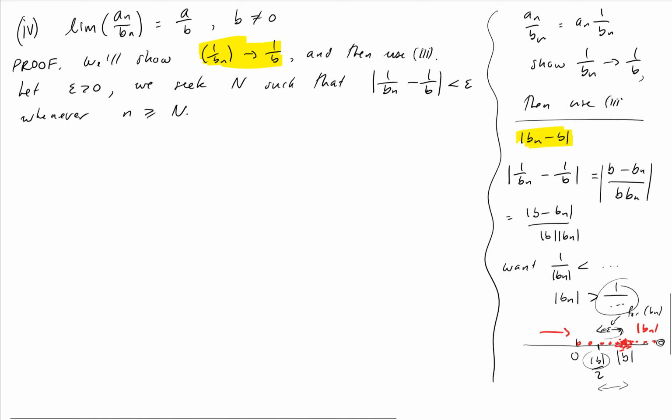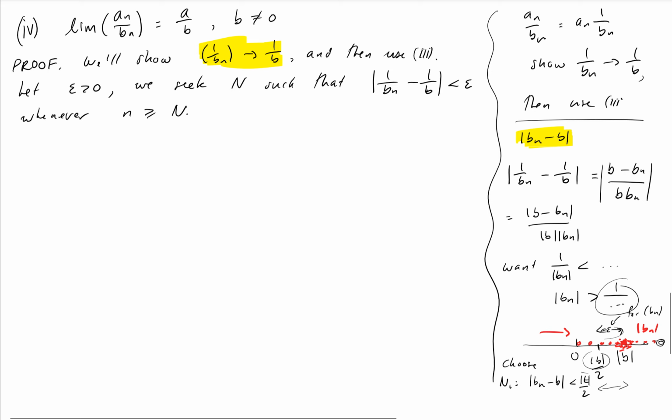Okay, so I'm going to choose an n1 such that the absolute value of bn minus b is less than the absolute value of b over 2.